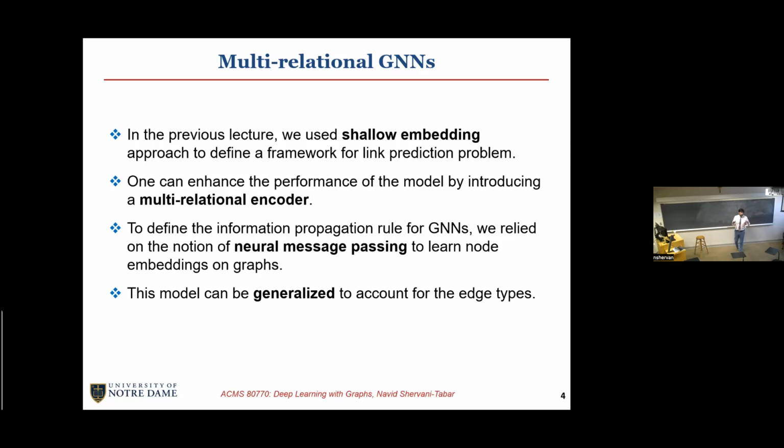So we're just looking over node embeddings, aggregating information from our neighborhood, and updating, and so forth. So what we want to do in order to deal with multi-relational graphs is to generalize these to account for the edge relations. So essentially edge types, edge embeddings, or edge features, whatever we want to call them.